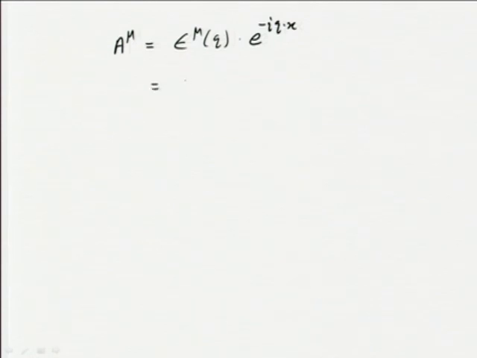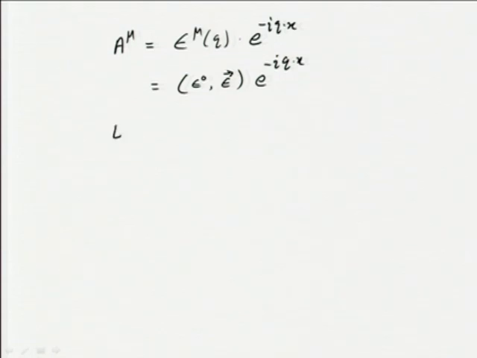Let me write this epsilon mu as epsilon 0 and 3-vector epsilon, e power minus I q x. I have not explicitly written the q dependence on the epsilon now; it is understood that it depends on q. It is just for the sake of clarity that we are not adding the bracket with q there.